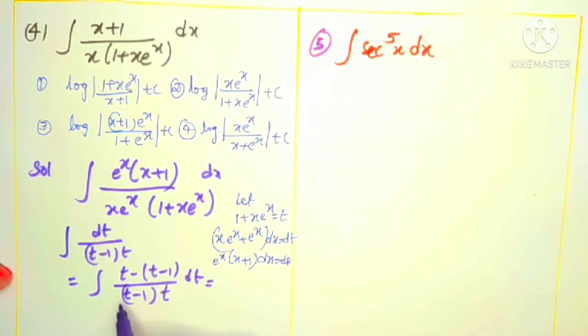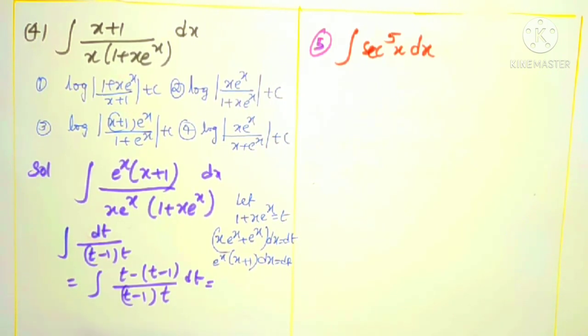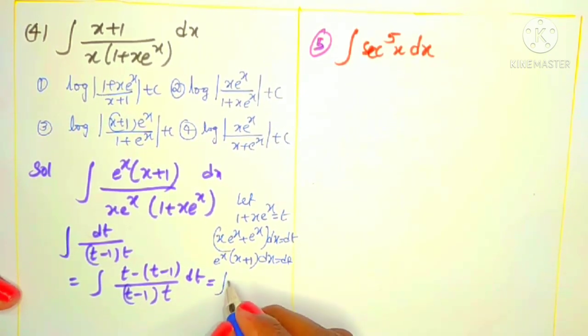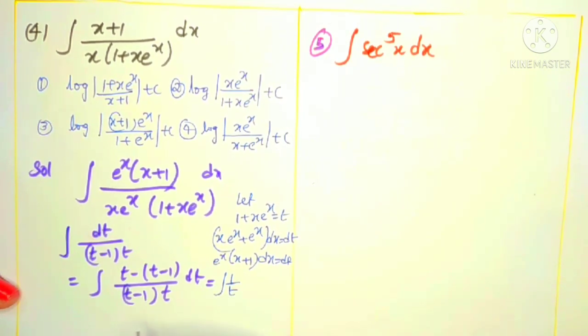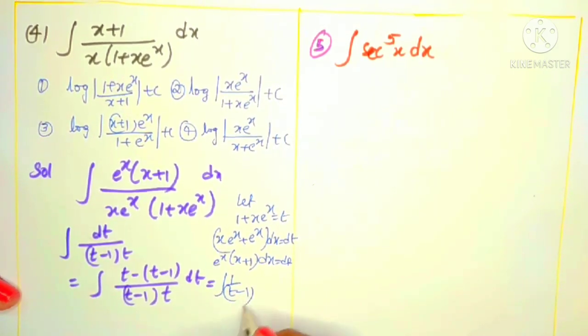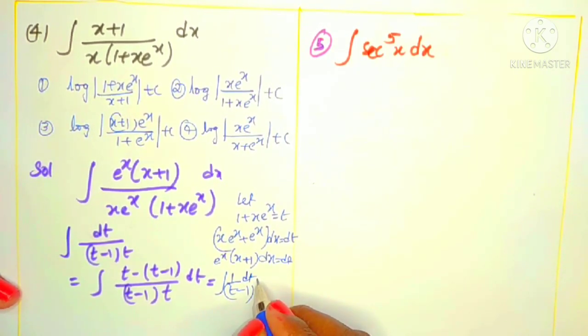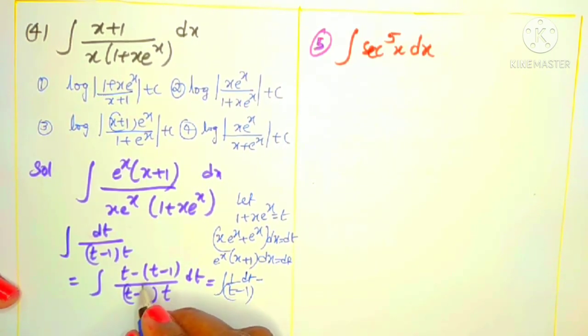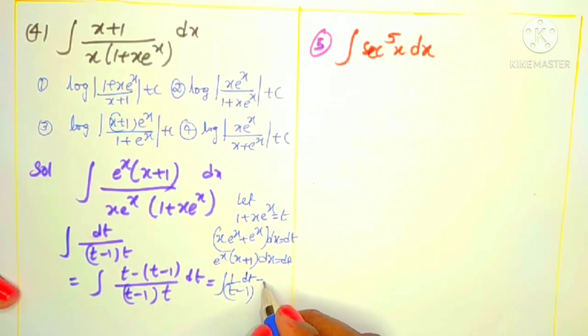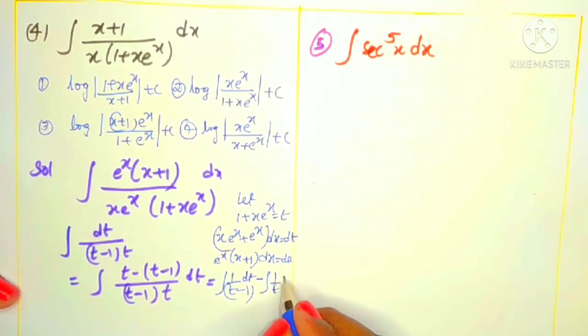After separation of these two terms, what is the first term? t by (t minus 1) t means t gets cancelled, it is 1 by (t minus 1) dt as it is, with minus. What is the second term? t minus 1 cancels, it is integral of 1 by t dt.